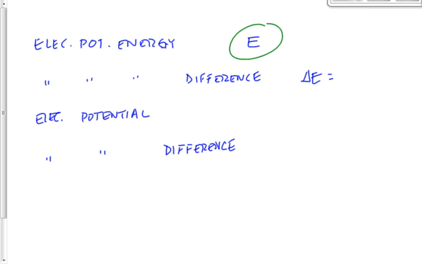Now, we introduced another term yesterday, or reviewed another term from Physics 20 yesterday, that means the same thing as electric potential energy difference. Remember what it is? What is that term? Starts with a W. Work.